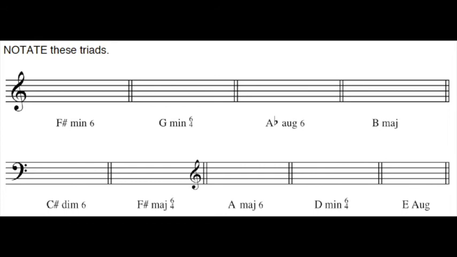So, if we look at F sharp minor 6, what we need to do is work out the key signature of F sharp minor. Now in order to establish the key signature, you need to find the relative major.